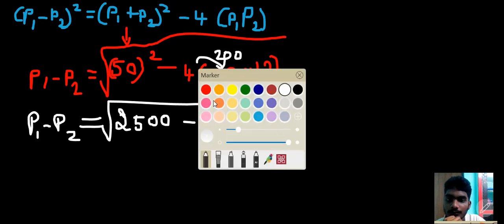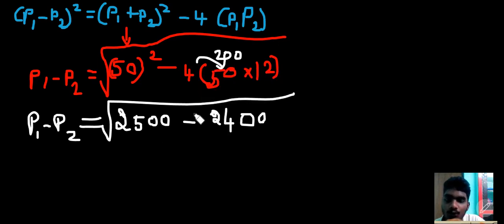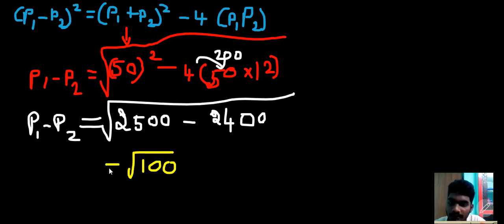Moving to the next step, 2500 minus 2400 is 100. So root of 100 is equal to p1 minus p2, which is going to be equal to 10.